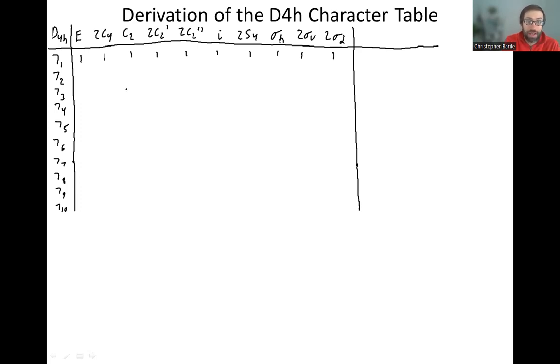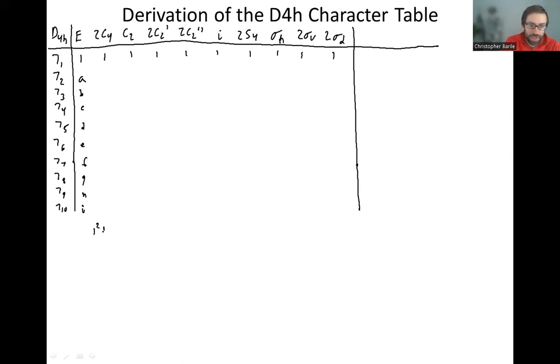Now from here, we can go and try to figure out what this column is. There's another rule in the character table, which says that the sum of the squares of the dimensionality has to equal the total number of operations in the point group.